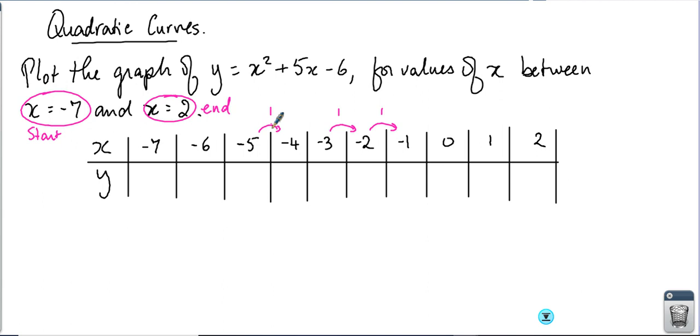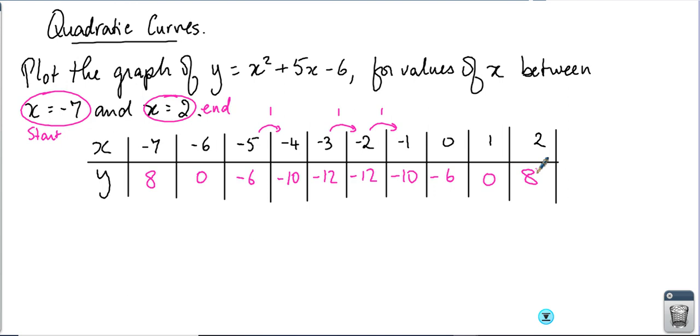My table is: minus 7, 8; minus 6, 0; minus 5, minus 6; minus 4, minus 10; minus 3, minus 12; minus 2, minus 12; then minus 1, minus 10; 0, minus 6; 1, 0; and 2, 8. Now, the first important part of this. A curve always has either a maximum or a minimum.